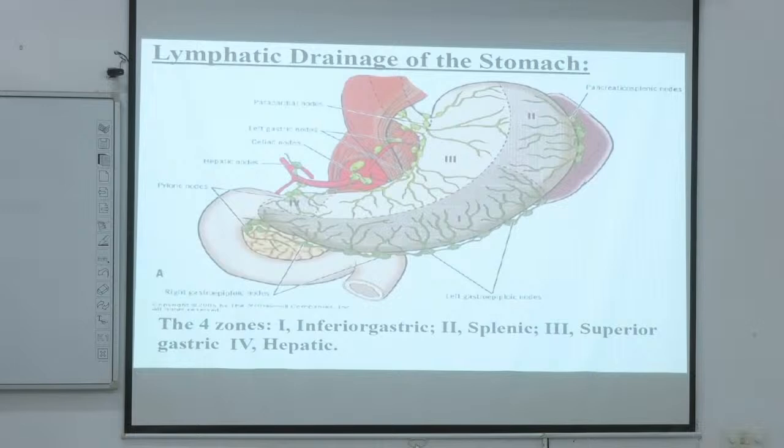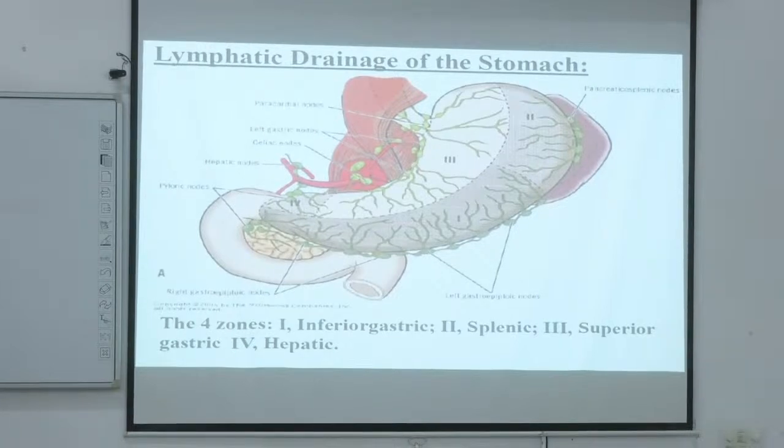Stomach is divided into 4 territories for lymphatic drainage. 4 zones are present. Zone 1, this part from here to here, is the inferior gastric region. Then zone 2 is the splenic region.